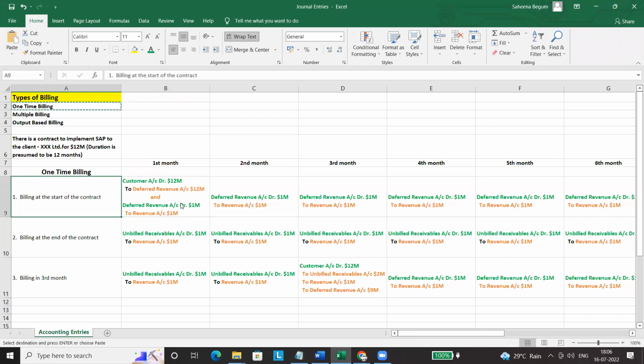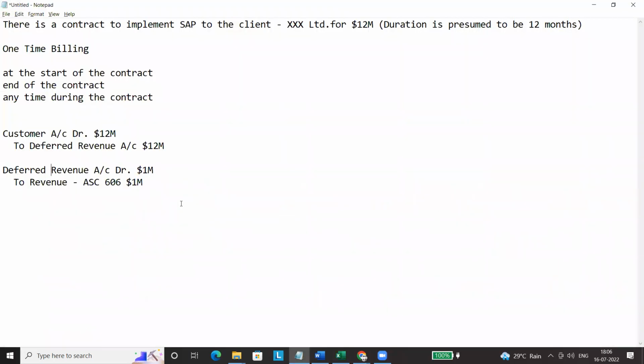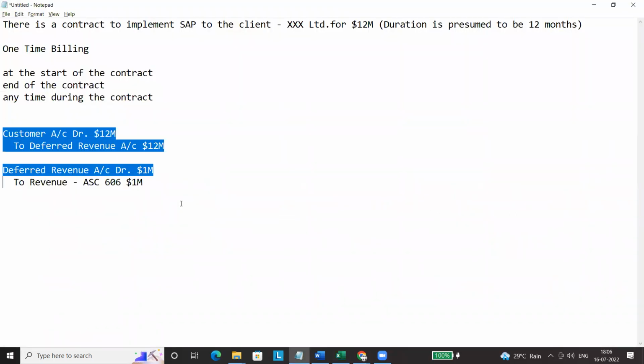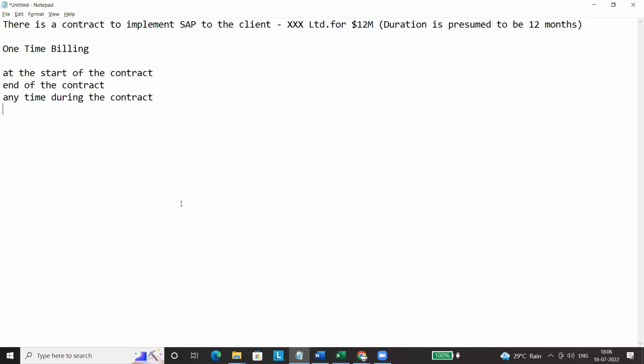Okay. In the second case, at the end of the contract. Now, in this case, the billing is not at the start of the contract, but at the end of the contract. Since the billing is done at the end, you don't debit a customer during the contract, but only at the end. But how would you recognize revenue?